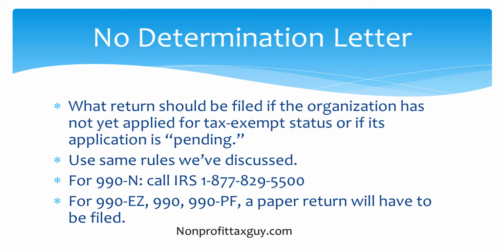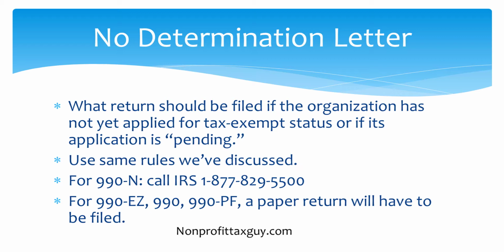Now, in the case of a private foundation or Form 990 or Form 990EZ, you're going to have to file a paper return. Okay, because again, the IRS computer doesn't know you exist yet, because it has not yet processed your application. So if you try to file a return electronically, it's just going to say, we don't know who you are, we reject the return.